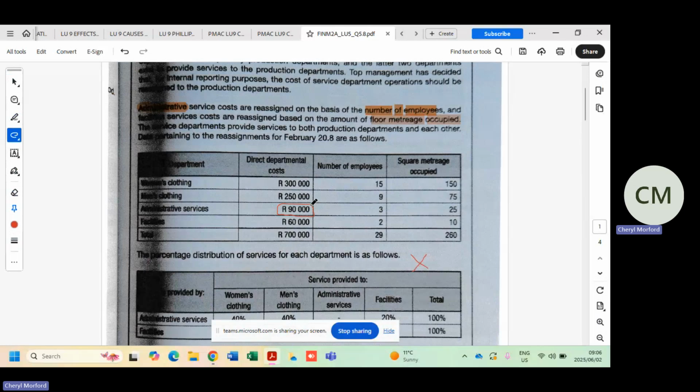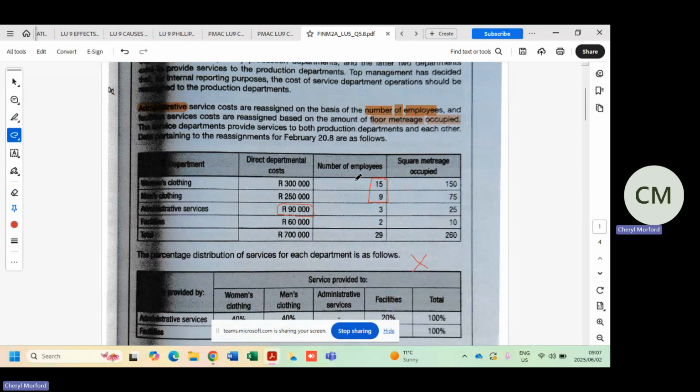So what I need to do with this 90,000 is split it two ways. I need to share it between the men's and the ladies' clothing on the basis of number of employees. So if you have a look over here, in the production department, the number of employees is given for both the women's and the men's.